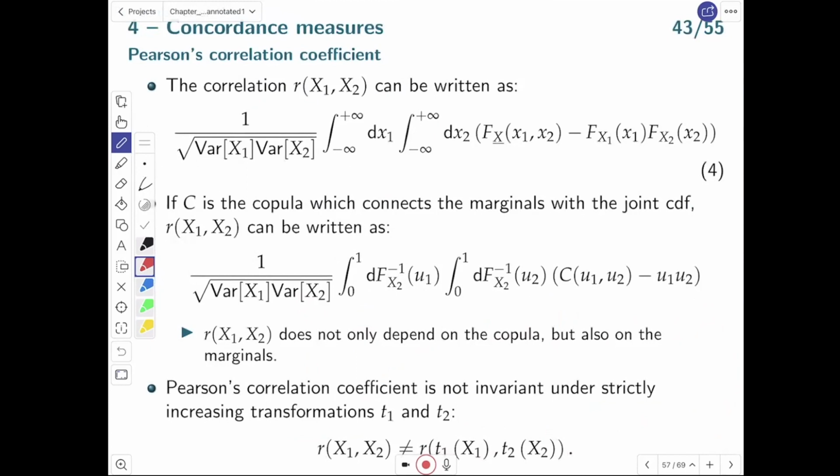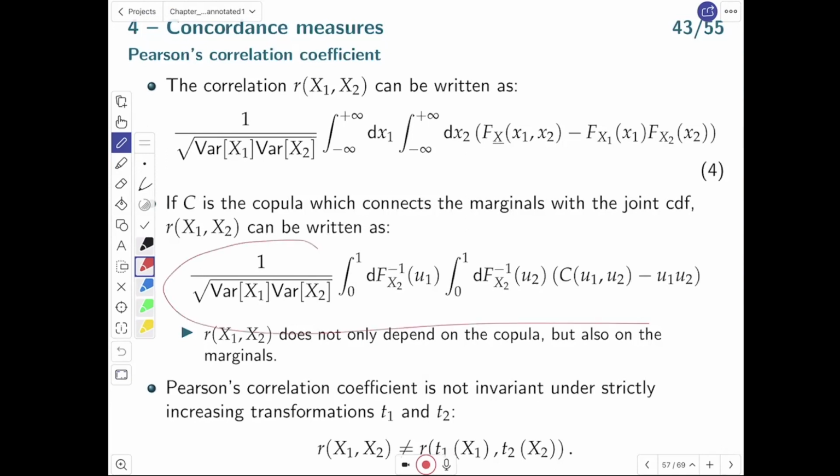Some proof, you don't need to be able to derive these proofs, but what's important, if you want to measure dependence, you want that your dependence measure is a function of the copulas, because all the information on the dependence is contained in the copulas.